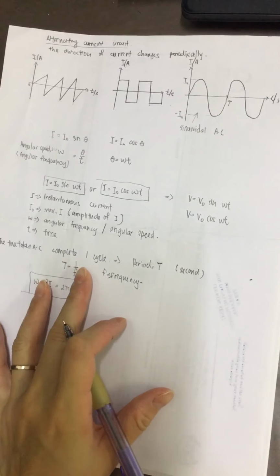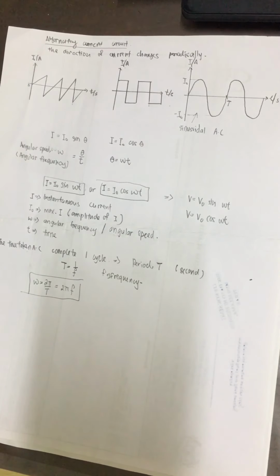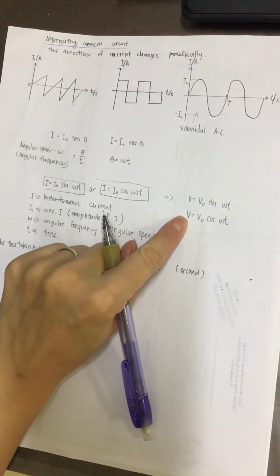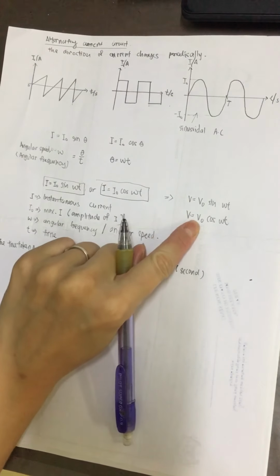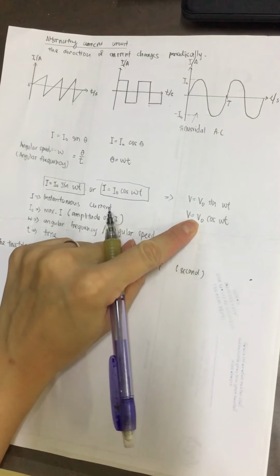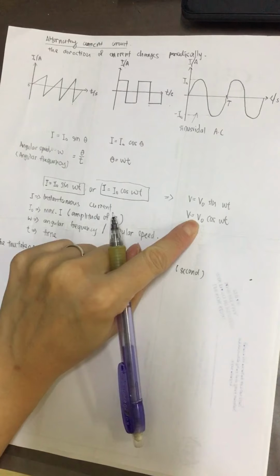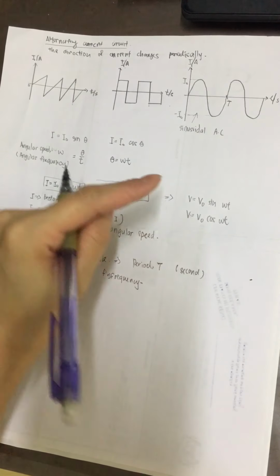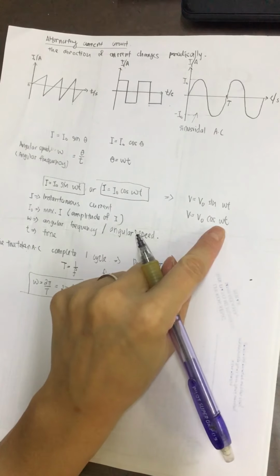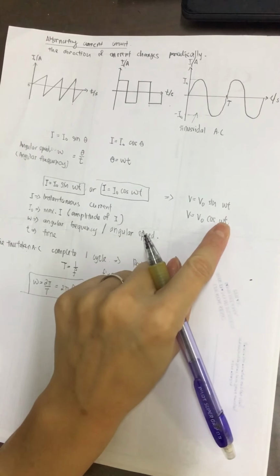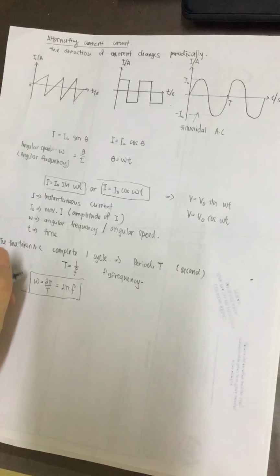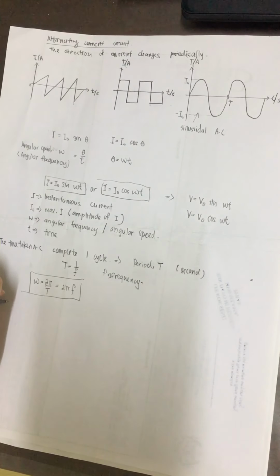If you have a cos graph, you have to write it in a cos equation. Same, V is your instantaneous voltage. V naught is your maximum voltage or peak voltage, which we call the amplitude of your voltage. Then omega is your angular frequency or angular speed. t is the time for the AC circuit.